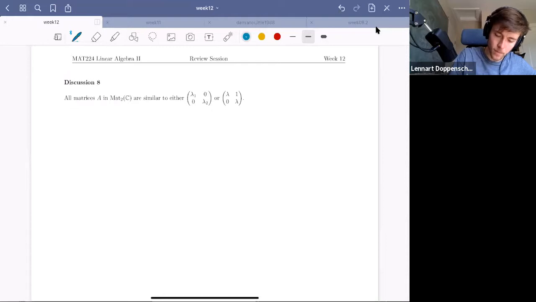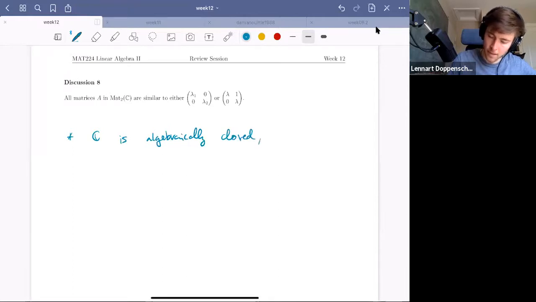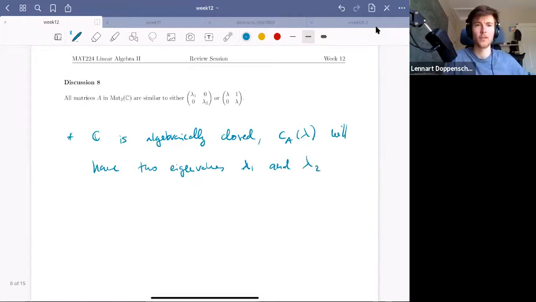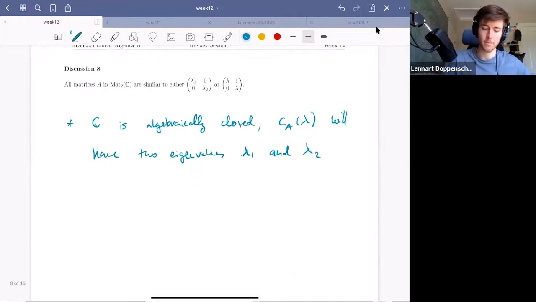Because C is algebraically closed, the characteristic polynomial C_A of lambda will have two eigenvalues, lambda 1 and lambda 2. Now there are two cases that could happen.